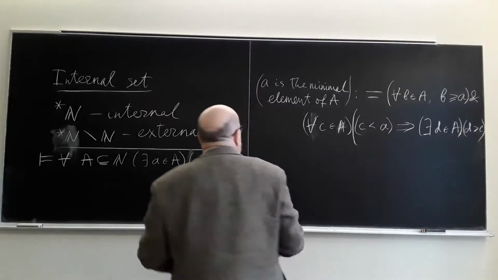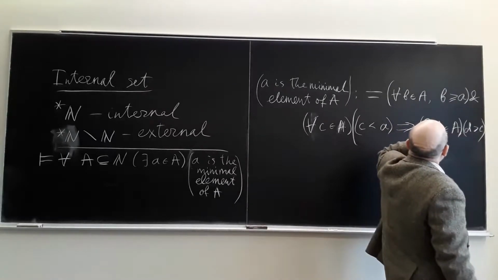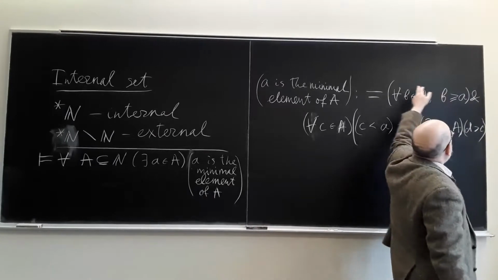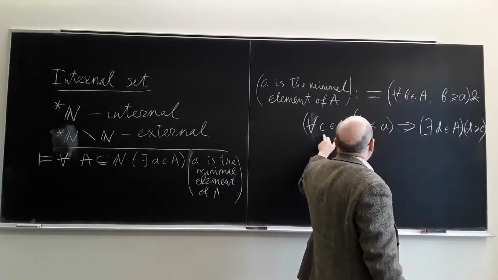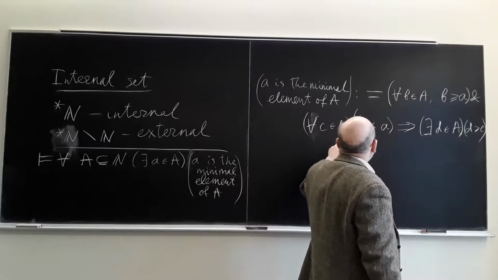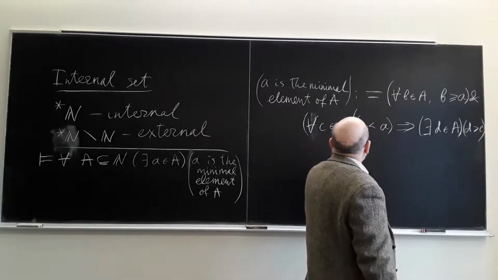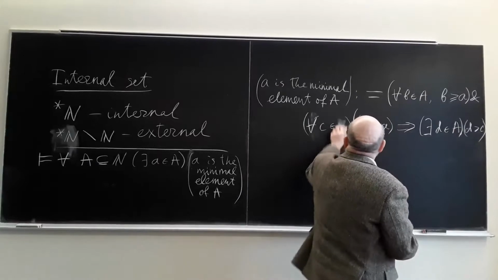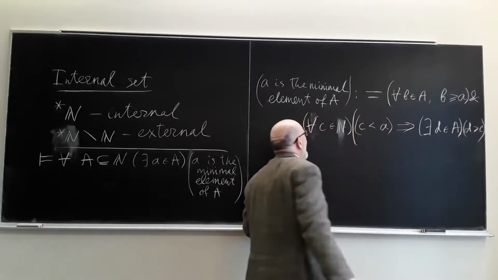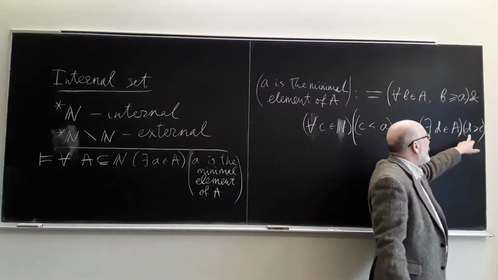Yeah. So this says that a is less or equal than any other element of the set A capital, and this says that if you take any other element of A, which is less than a, then there exists d such that d is more than c.